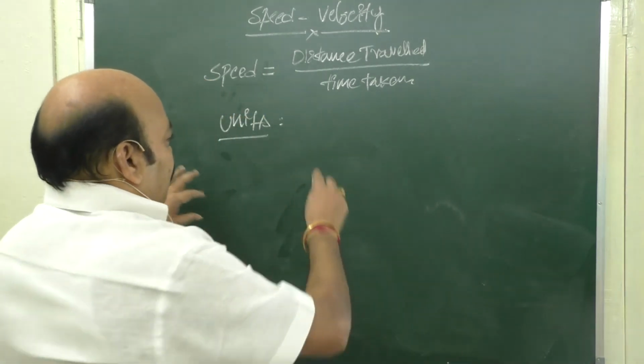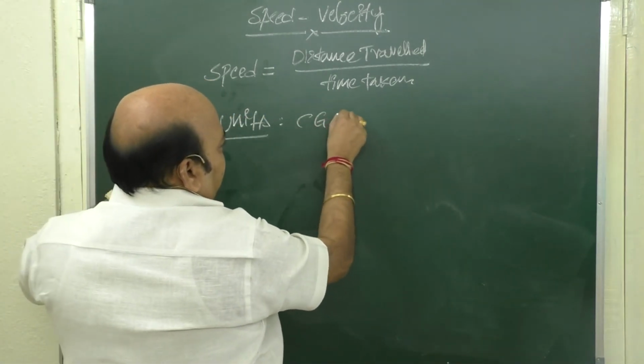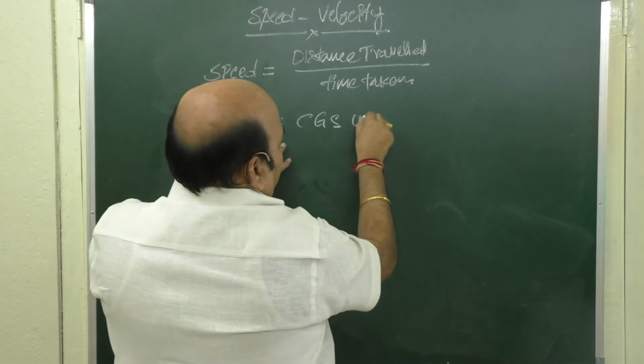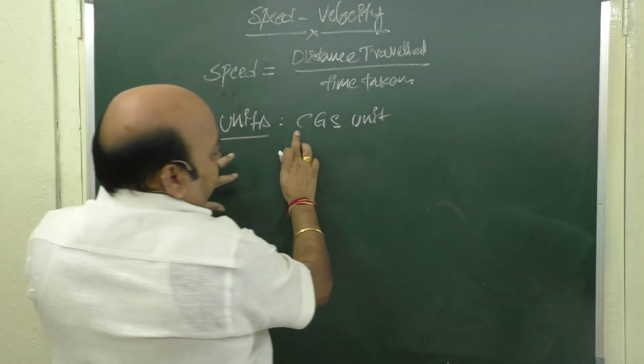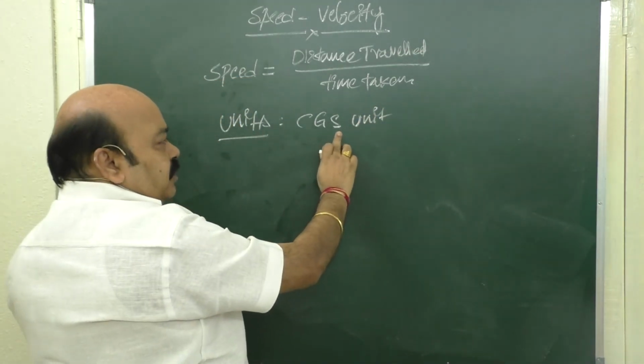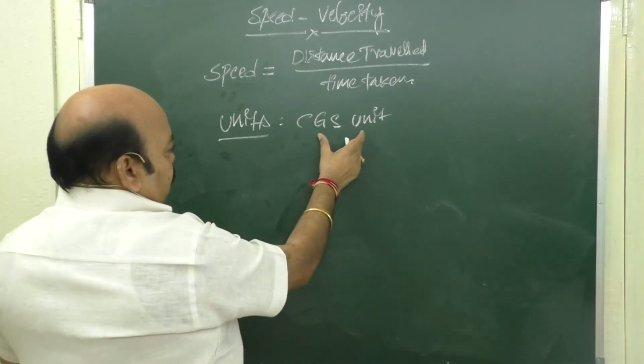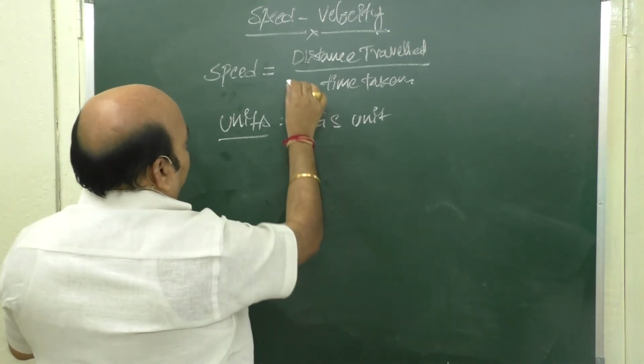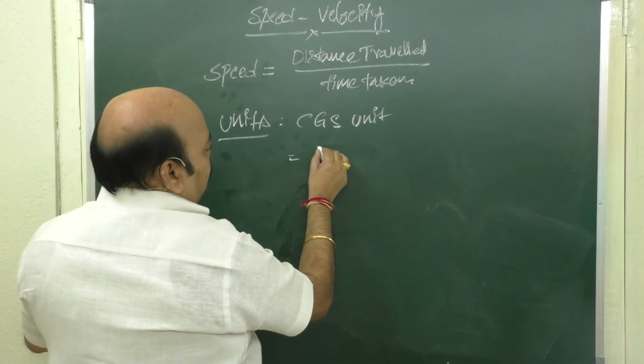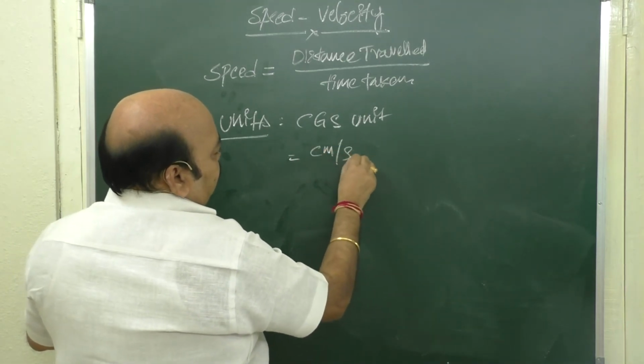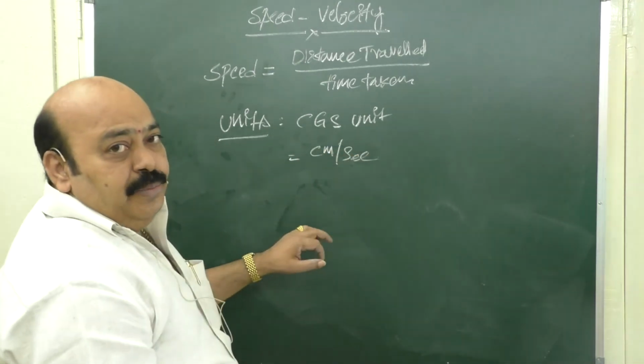So, go for the first one, the CGS unit: centimeter, gram, second. In this we can measure the speed as centimeter per second.